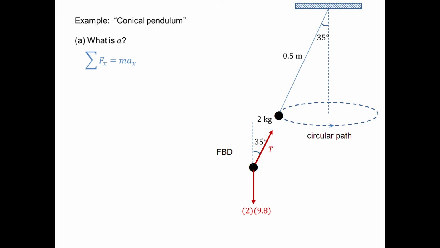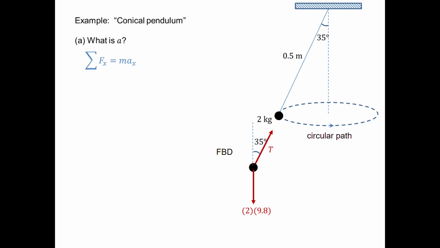So in this case, the tension is directed at an angle of 35 degrees away from the vertical. You can see that because this vertical line and this vertical line are parallel, and this angle and this angle are alternate interior angles, and therefore they're equal, if you remember that factoid from geometry. So that's our free body diagram. I don't see any other forces that we should include.